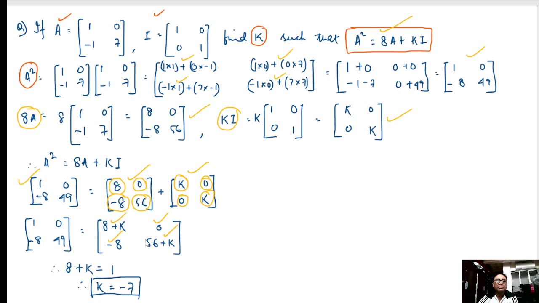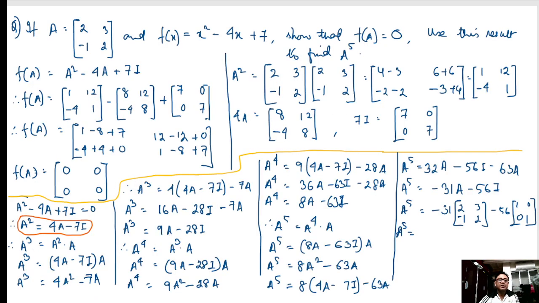So these two matrices are equal, and now we will equate on both sides. That is, 8 plus k is equal to 1. Same positions we will equate, and we will get the value of k. Clear? This is how we will be doing it.